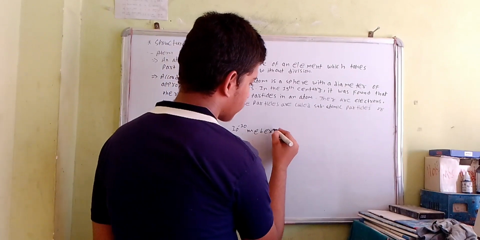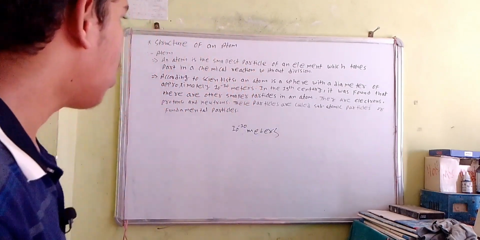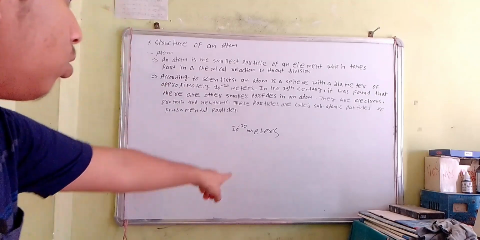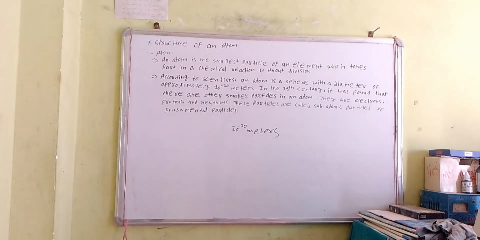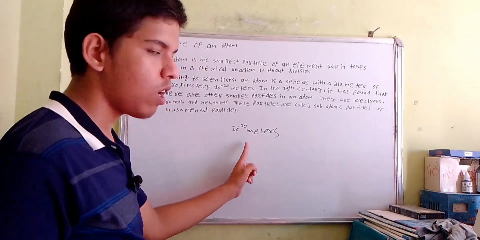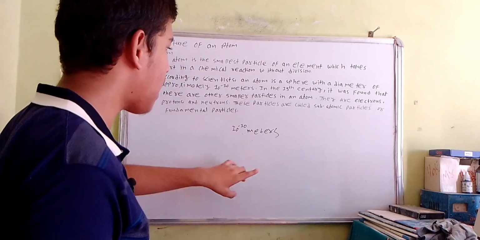This is the diameter of an atom. You'll also get asked in the exam what the diameter of an atom is, so you have to write this: the diameter of an atom is 10 to the power minus 10 meters.